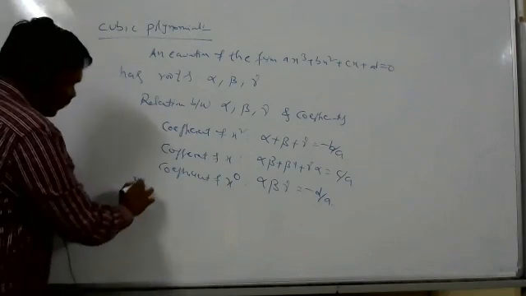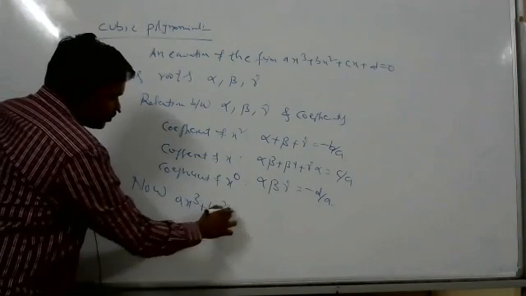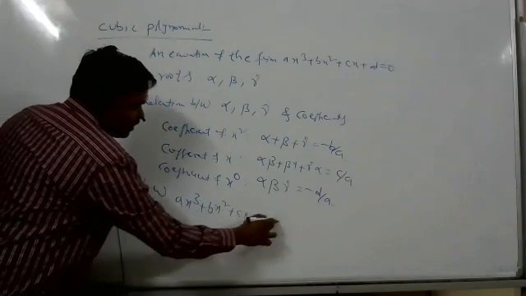Now, ax cube plus bx square plus cx plus d is equal to 0.